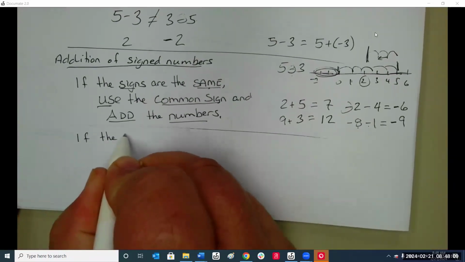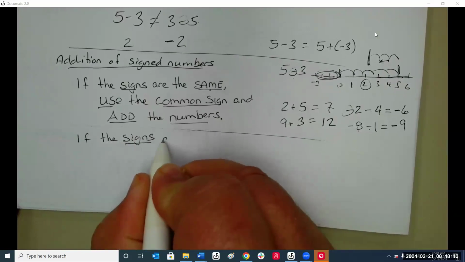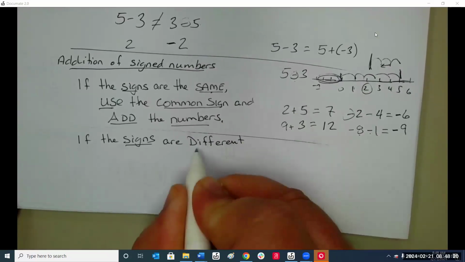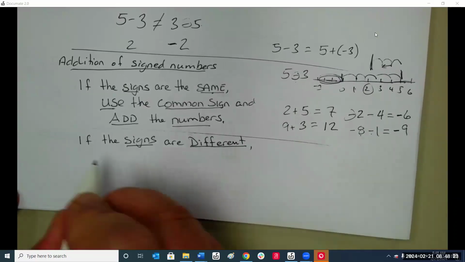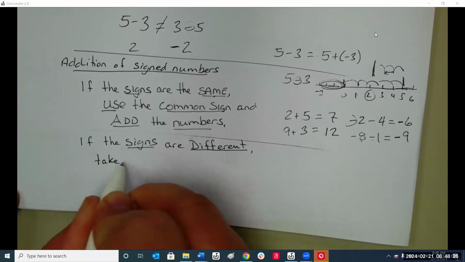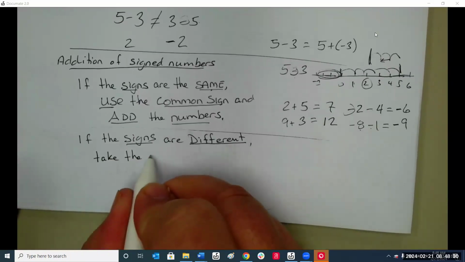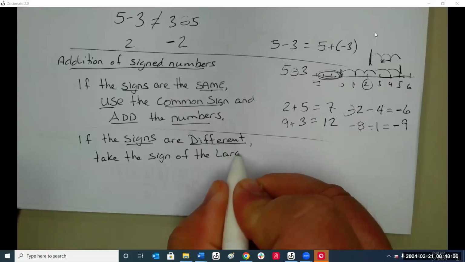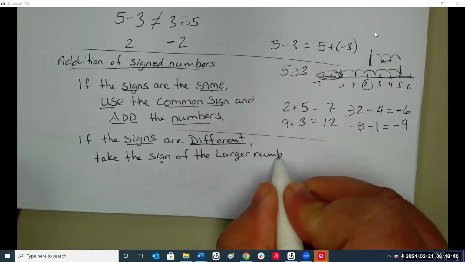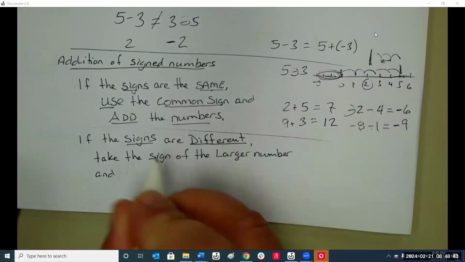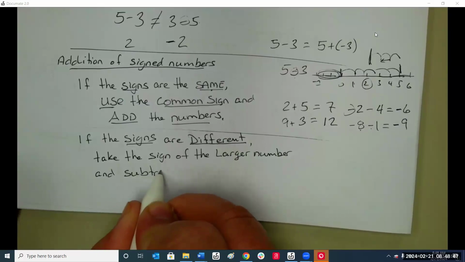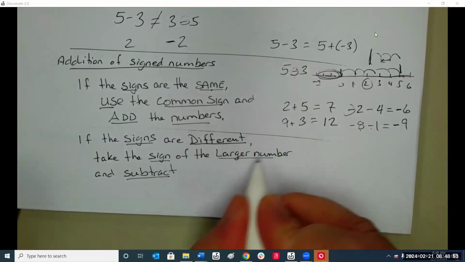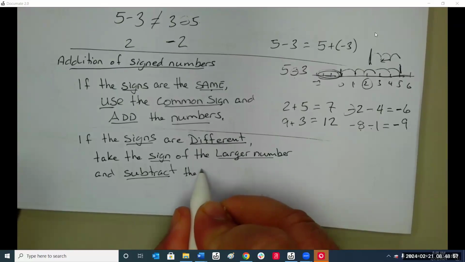If the signs are different, take the sign of the larger number and subtract the two numbers.